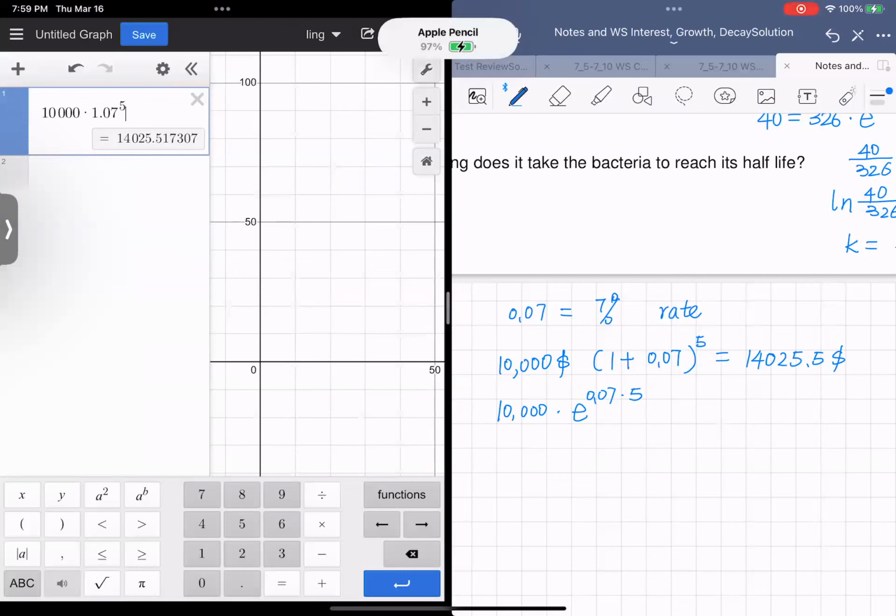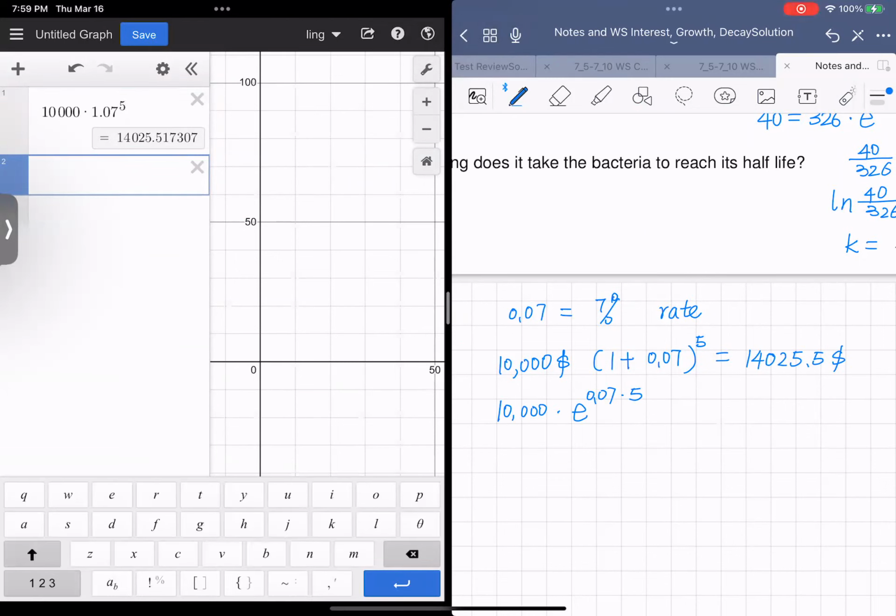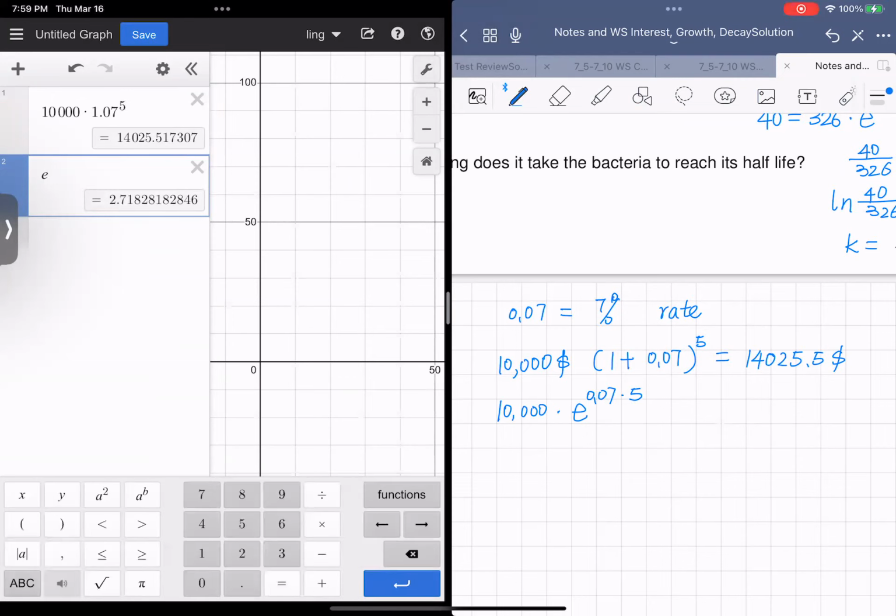But let's see here. Okay, that's the result. If you do compound continuously, that's the money you have after 5 years.